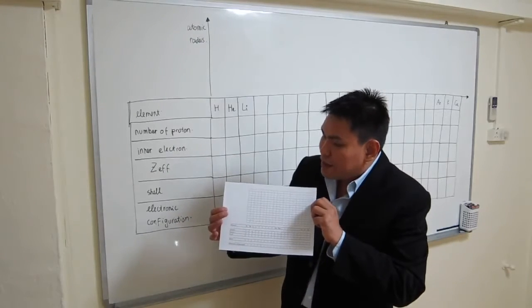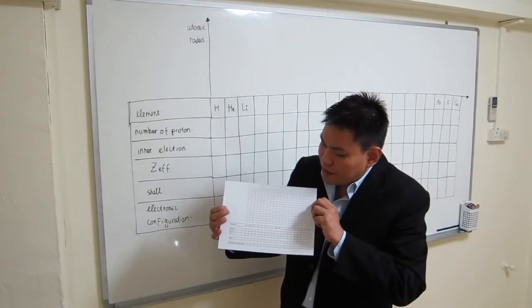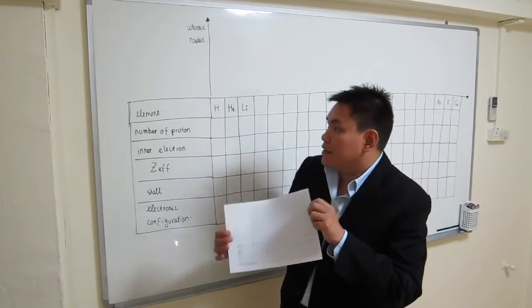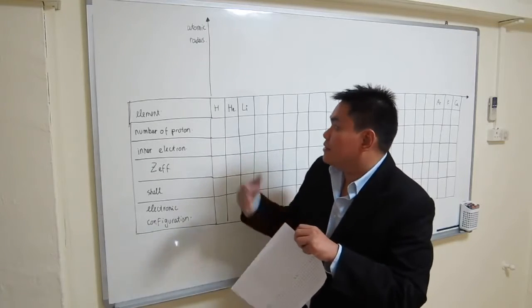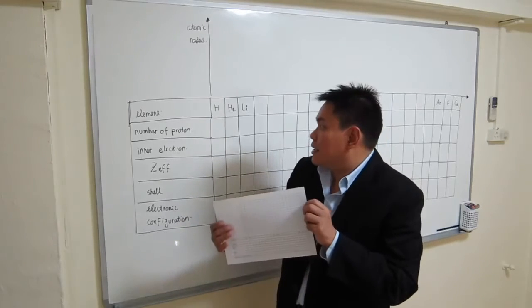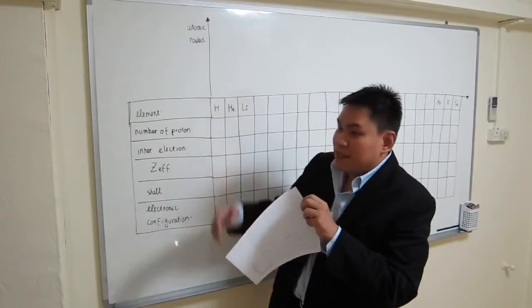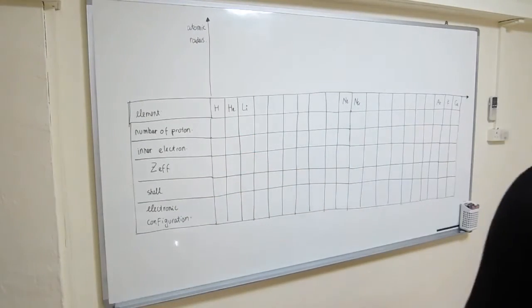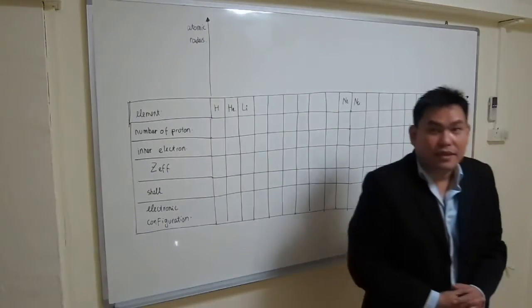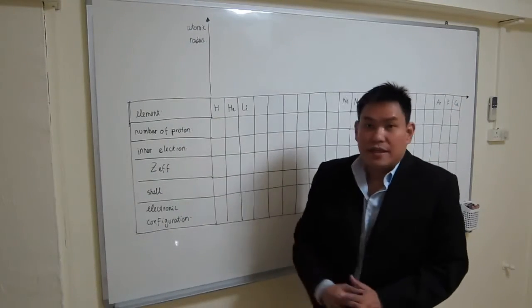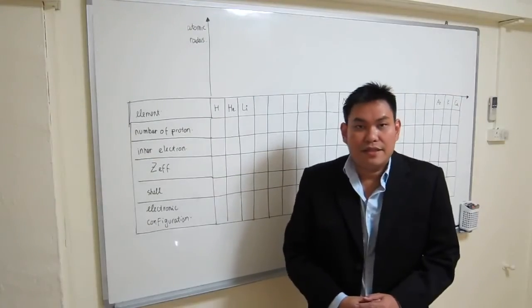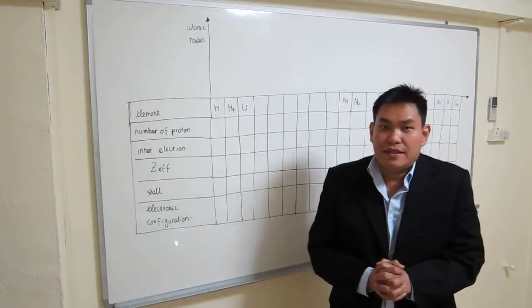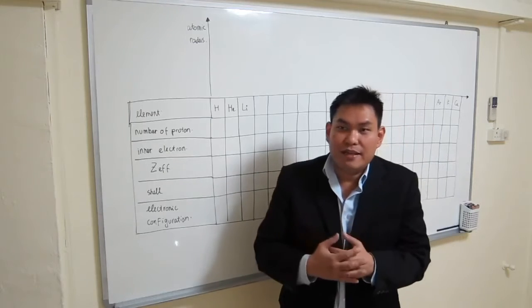After you print this, you can try to fill it up yourself. If you find difficulties, you can always go back to this video and see how we can draw the atomic radius by filling up this table. The difficulty of understanding the atomic radius is that the teacher usually explains in terms of words.